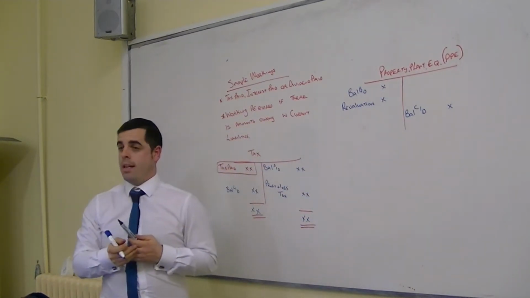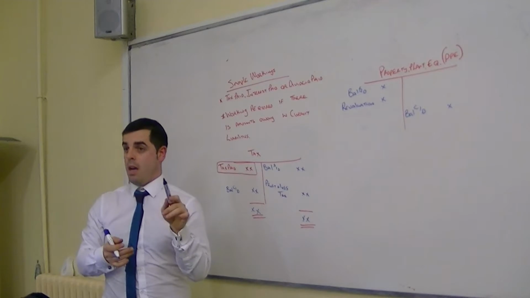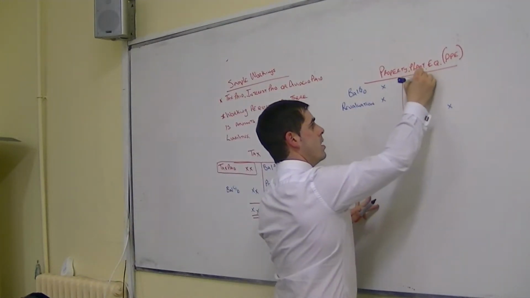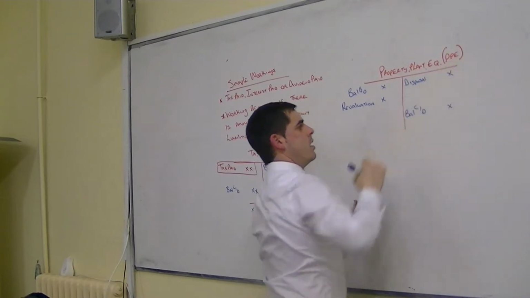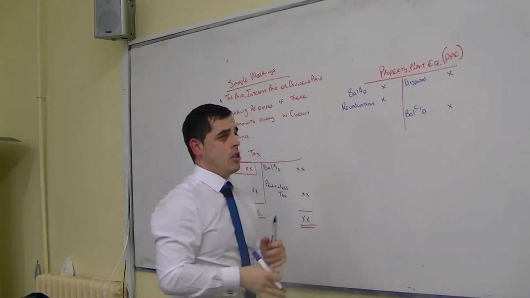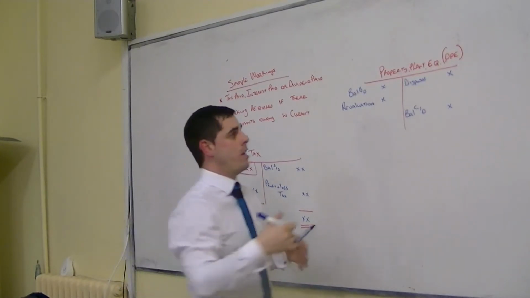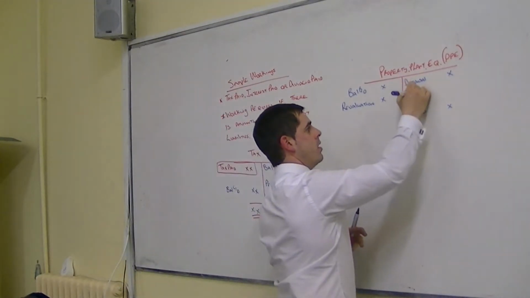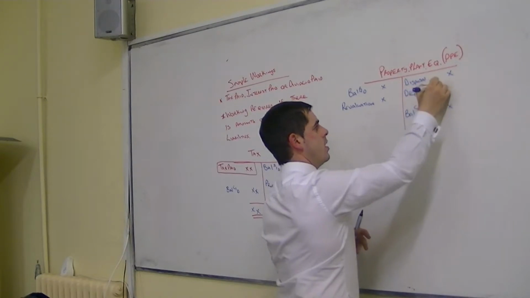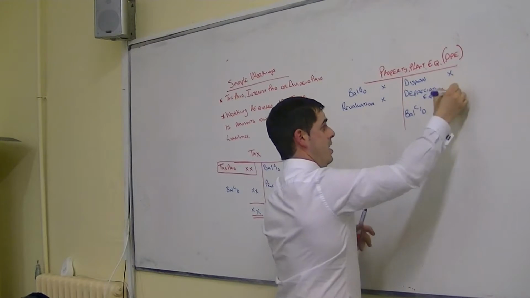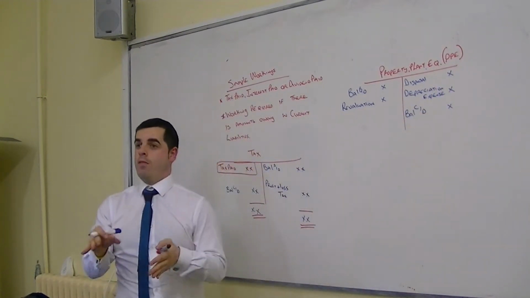If they sold something, disposal would be on the opposite side, wouldn't it? Credit. And the other thing we have is depreciation. Now depreciation will reduce your asset account, wouldn't it? So that would be credit. So depreciation expense. Now you throw them all together if it were net book value.